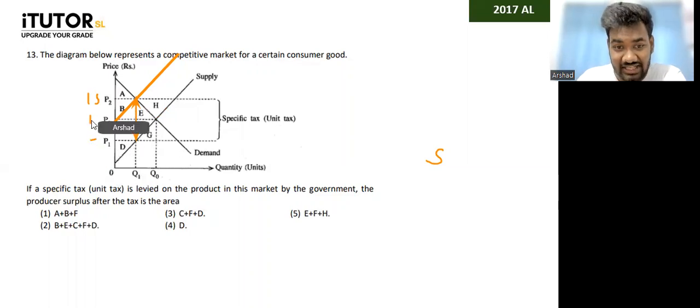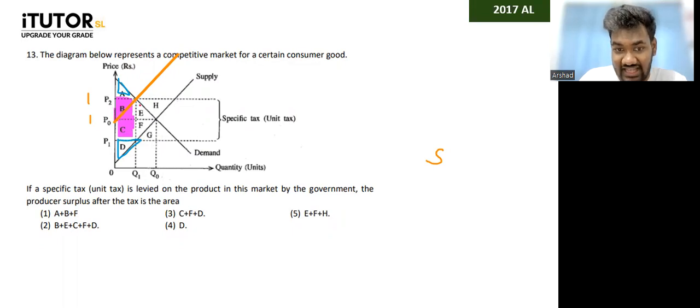So guys, can you all tell me which area is the producer surplus? In terms of letters, what's the producer surplus? Come on, this is nothing new. Producer surplus has to be 1. After the tax, consumer surplus is the area A. Producer surplus is D. B and C is government tax revenue.